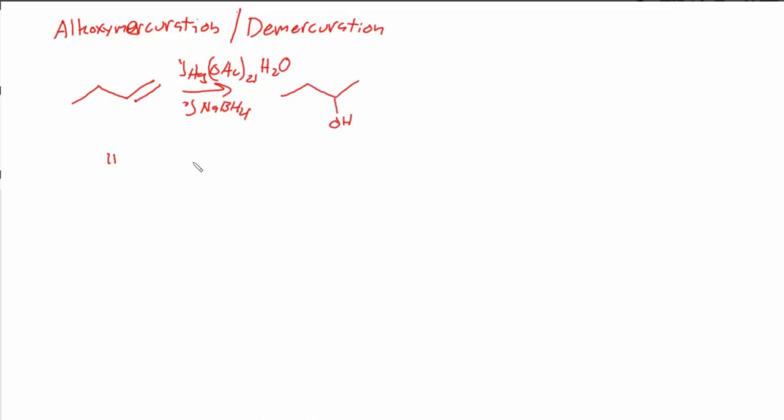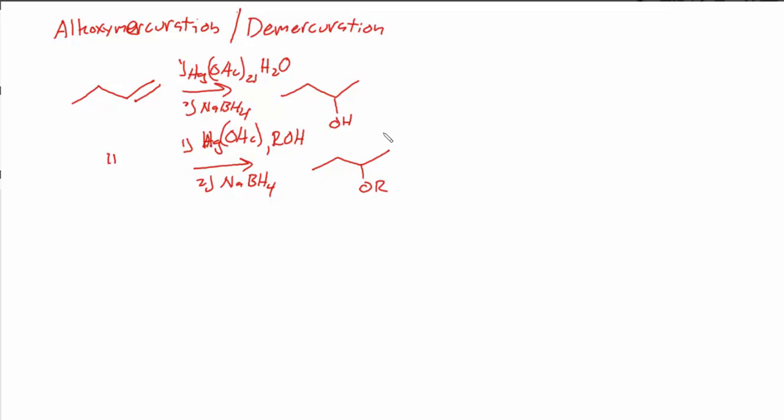We could do the same thing with nearly the same set of reagents, except instead of water, we might substitute ROH. And then, of course, instead of the alcohol, we would put an OR group on our alkene.